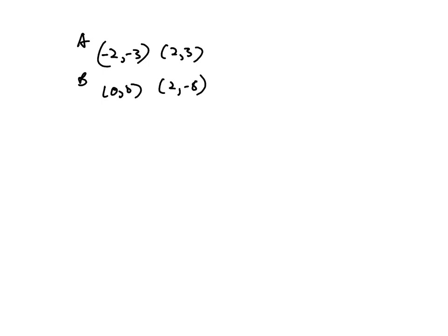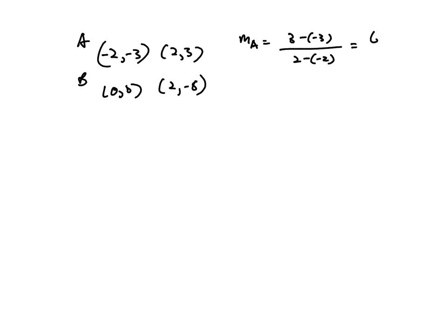Okay, last one. You got negative 2, negative 3, and you got 2 and 3, and you have 0, 0, and you have 2, negative 8. Alright, so let's just try it out, see what happens. Slope A is 3 minus a negative 3 over 2 minus a negative 2.